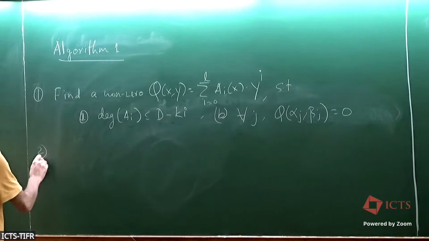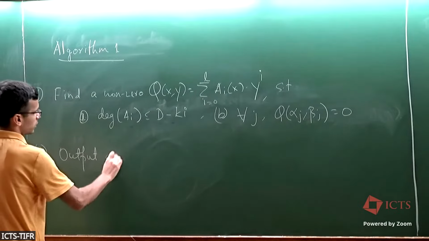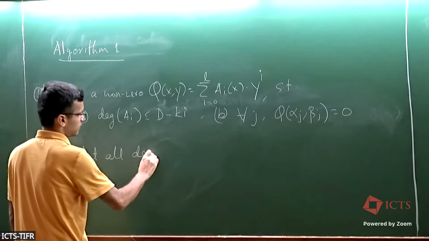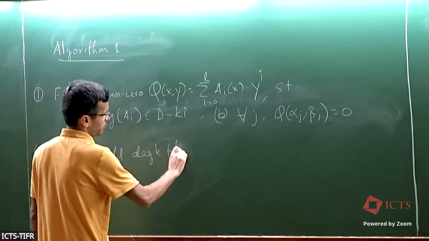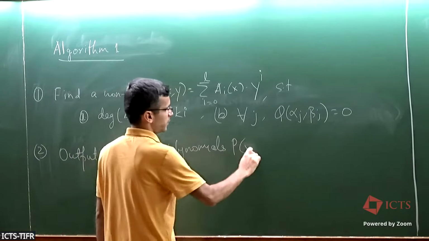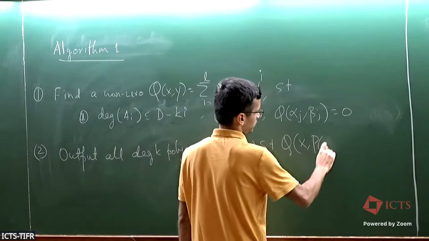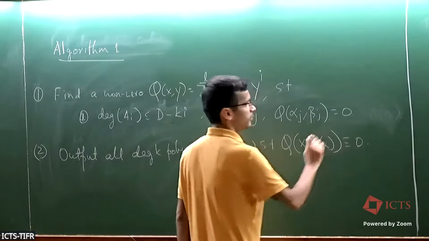And the second step is to output all degree k polynomials P of x such that Q of x comma P of x is identically 0.